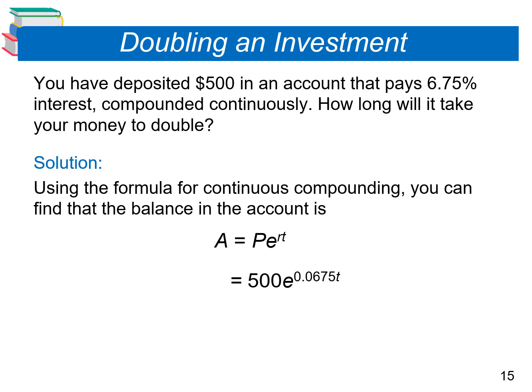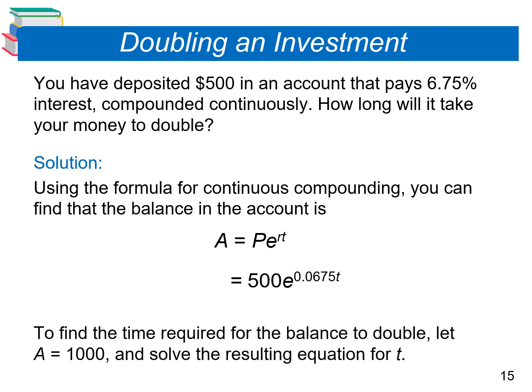From here, to find the time required for the balance to double, let A equal 1,000 and solve the resulting equation for t. Since we are going to double it, we already have initially $500. So if we are going to double it, times 2, A should be equal to 1,000.